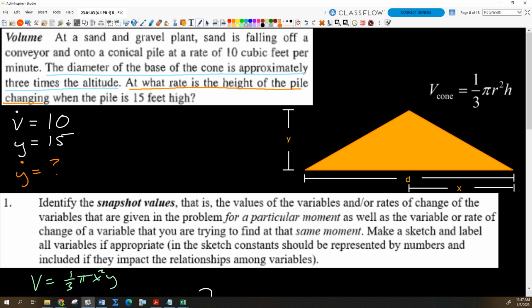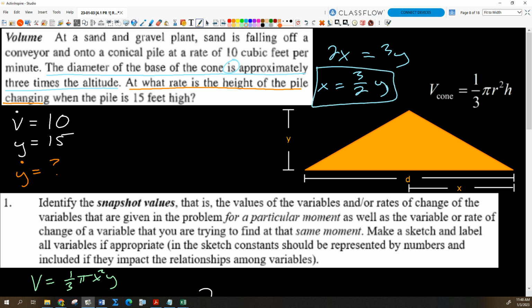So the diameter of the base, that's 2x, equals 3 times the altitude. What's 3 times the altitude? 3y. Well, look, there's an equation that relates x's and y's.